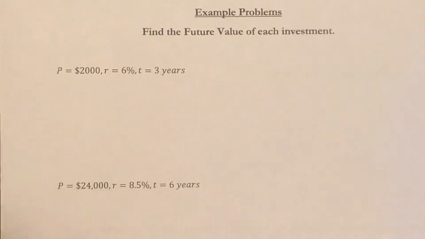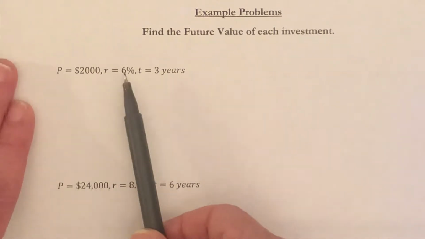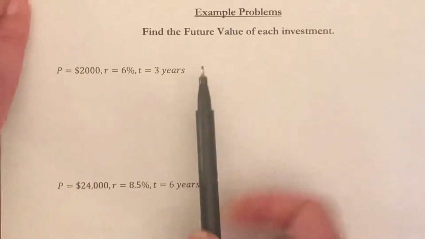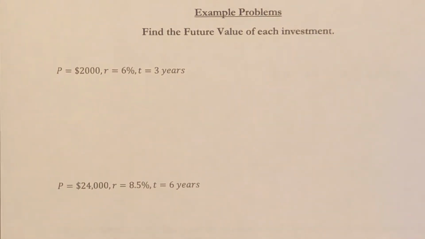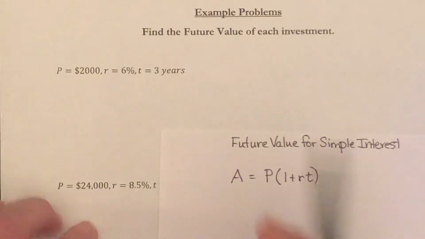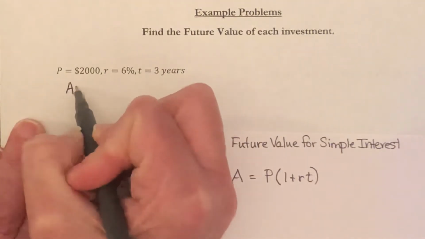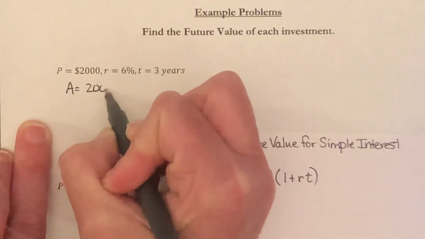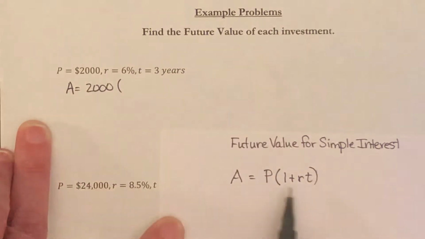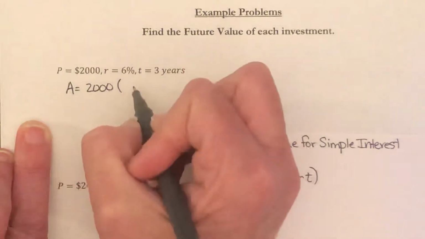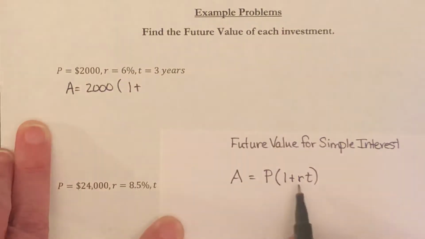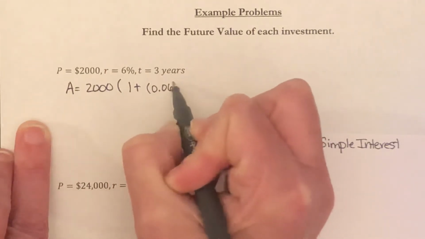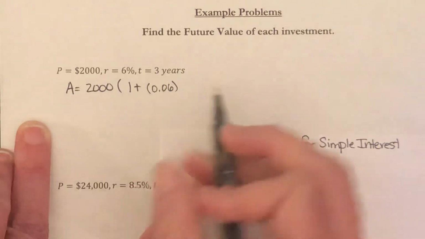Okay. So our principal is $2,000. The rate we have is 6%, and the amount of time is 3 years. Plugging into this formula, we have A is equal to the principal, which is 2,000, times 1 plus the rate, still written as a decimal, so 6% is 0.06, times the number of years, which is 3.